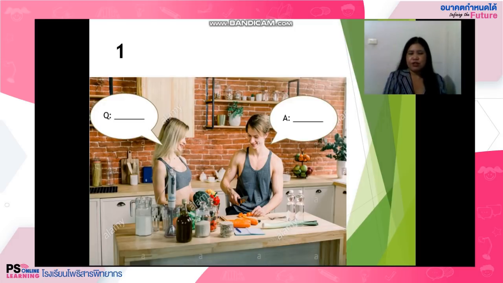Look at the picture. Okay, think carefully. Choose correctly. And then write on your notebook. Finished? Okay, write the question and then the answer. Ready for number 2?